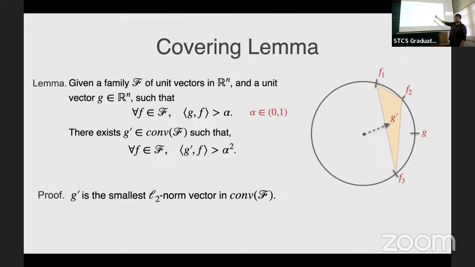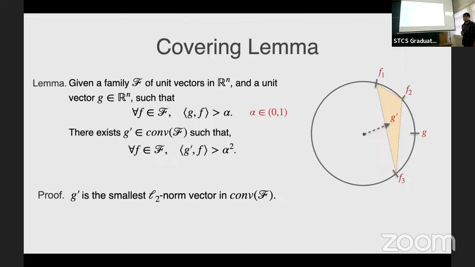That follows from the fact that these all have good inner product with G. For example, if 0 was in the convex hull, then that's not going to happen. So what I need is a lower bound on the convex hull L2 norm, and that's what I'm deriving from this statement. That's why I phrased it this way, but really, what I want is just a lower bound on the norm.